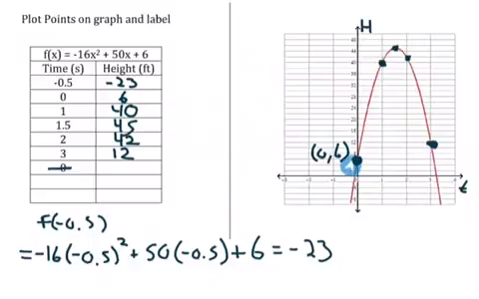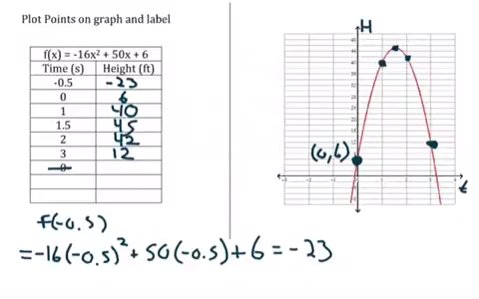Yeah, 6 feet above the ground. Okay, then it goes up, up into the air, and eventually it reaches a certain point and stops just briefly and then starts to come back down. Okay, this is when it's coming back down toward the earth, and eventually it's going to reach JJ's hands and then hit the ground. So in the context of this problem, can this ball go below the ground?